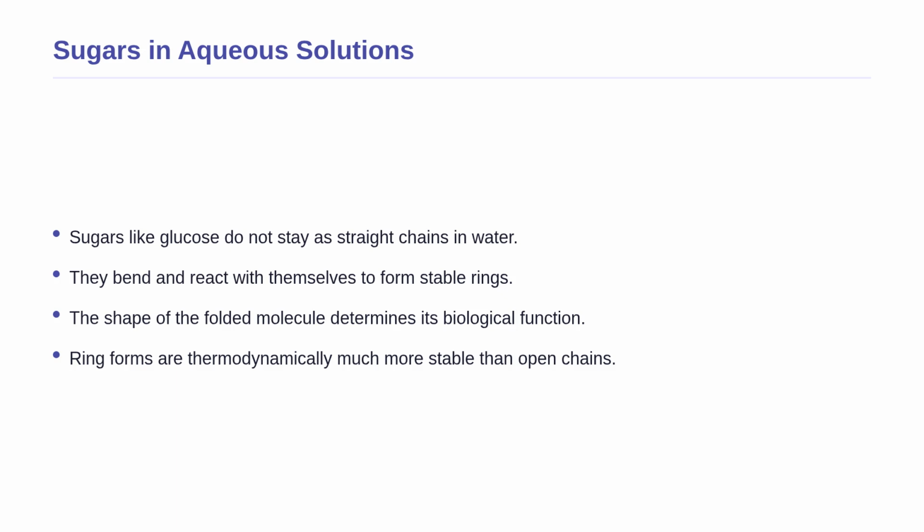This ring-forming behavior is absolutely crucial because the three-dimensional shape of a molecule determines its ultimate function in our bodies. In aqueous solutions, like the blood flowing through your veins, these ring forms are thermodynamically much more stable than the open chain forms.